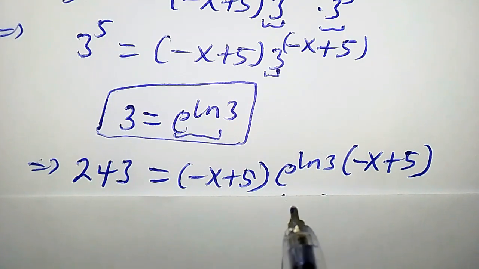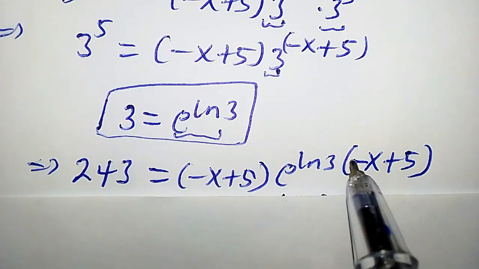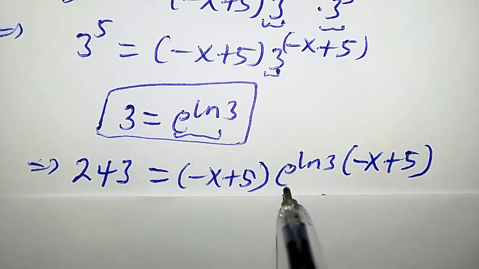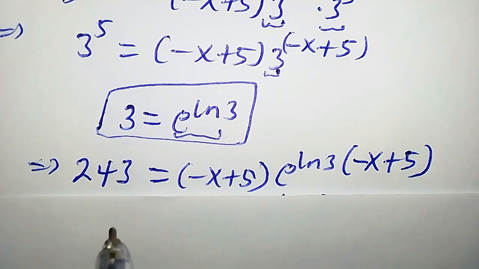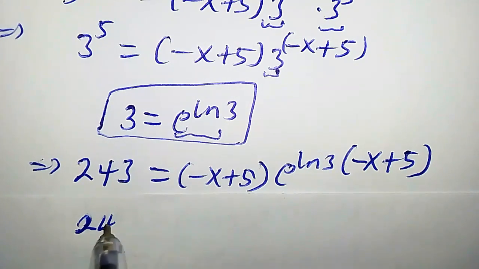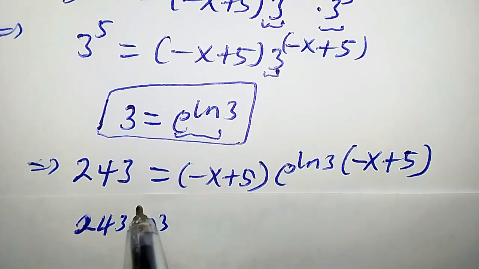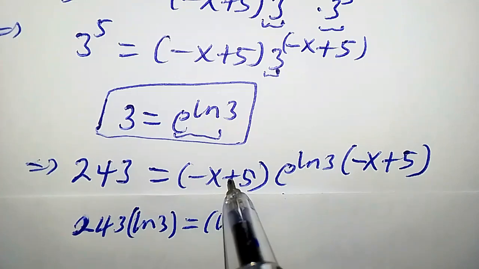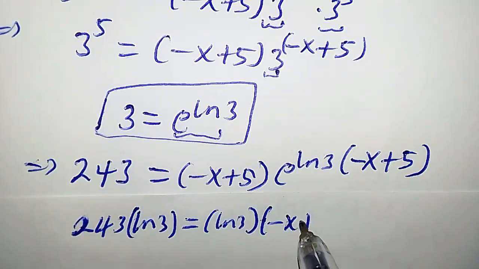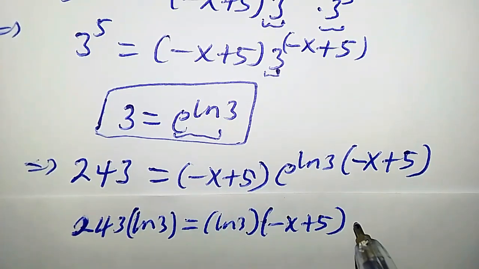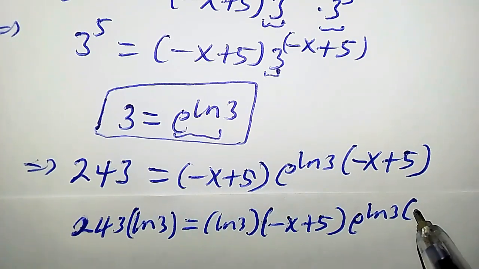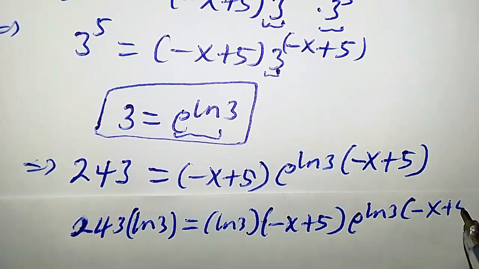Also, suppose we want this to be in the form of this, what do you think we should do? Let's multiply both sides by natural logarithm of 3. So we're going to have 243 times ln 3 equals ln 3 times negative x plus 5 times e to the power of ln 3 times negative x plus 5.